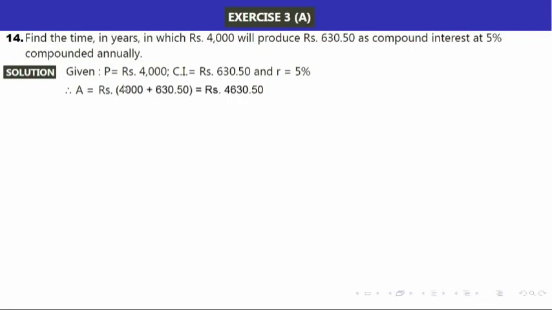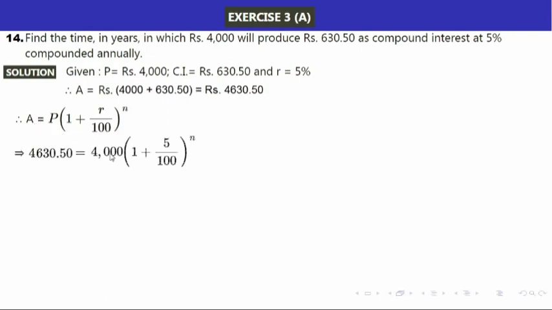Amount will be principal plus interest, so when you add them you get this much. Now the formula for finding amount is this one. Let's put the values. Amount is this much, principal is this much, rate is 5. So when you simplify, you bring this to the denominator, and after cancellation, you get 21 by 20.